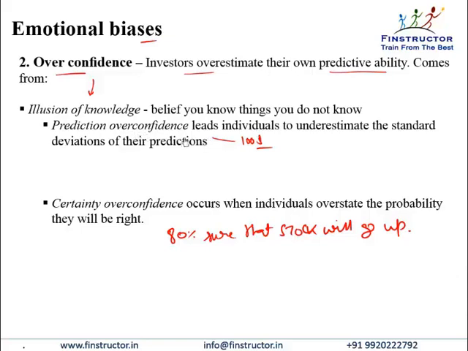Prediction overconfidence will be something like, I'm 99% confident that the EPS will be between $8 to $10. The worst case $8, best case $10. So prediction overconfidence will lead to narrow intervals and more chances that the investor may get surprised.